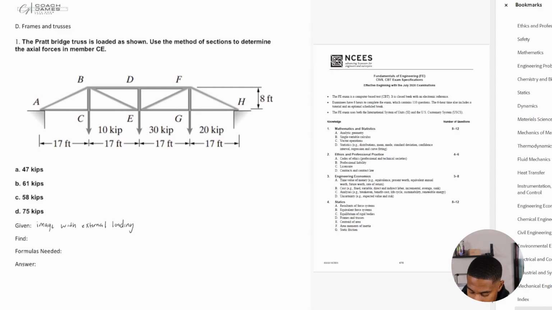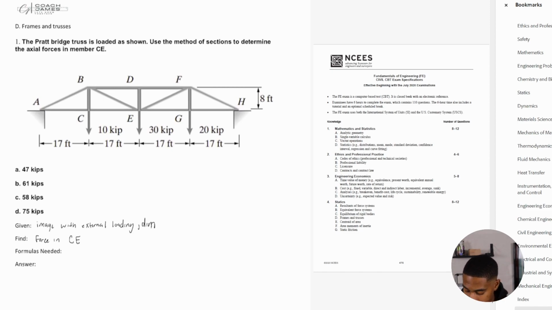So they give us external loading, dimensions, and when I say external loading, that just means forces that are acting downward that are shown. Okay, so it says find the force in CE or member CE.